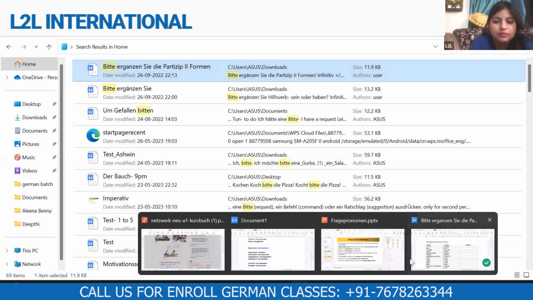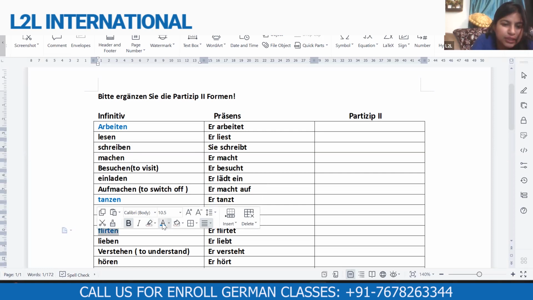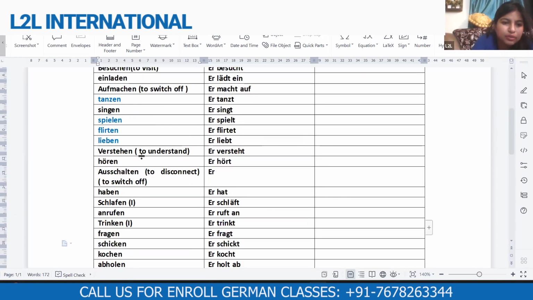Warten. Tanzen, you did. Spielen. Flirten. Flirten is to flirt. Lieben, you can do that as well. Hören, you can do that as well. Then fragen, you can do that as well.